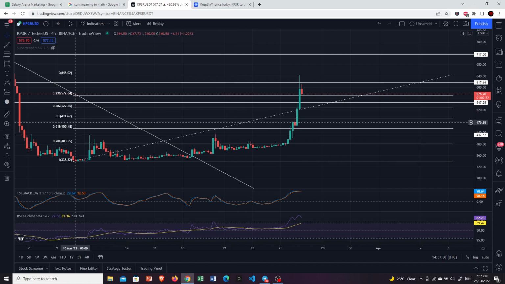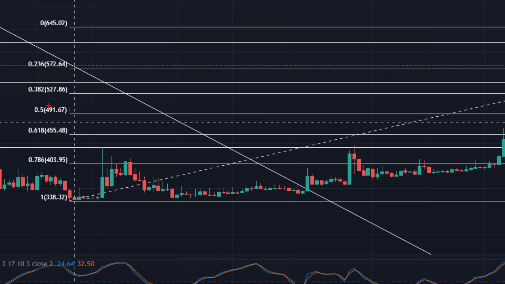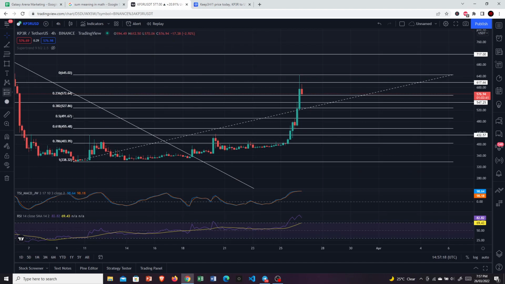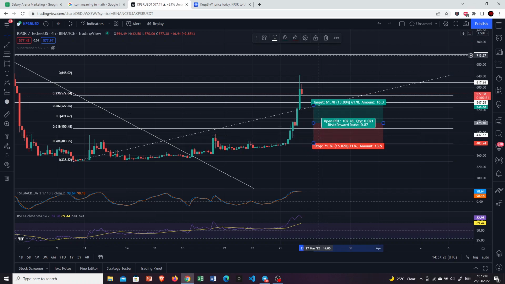My entries, if I am DCA-ing into Keeper, will be $491 and $455 with a stop loss of somewhere between 10 to 15%. So the trade setup will look something like this, average over here, and a stop loss of 15% to this. A close below 403 will invalidate our trade setup.